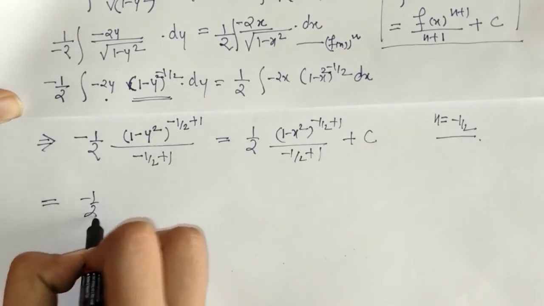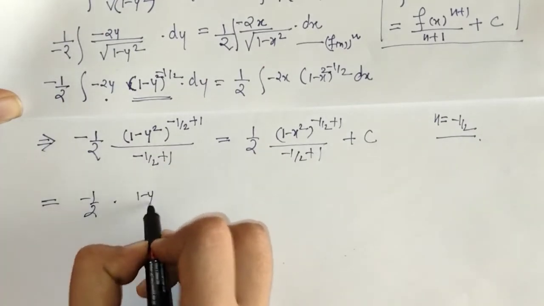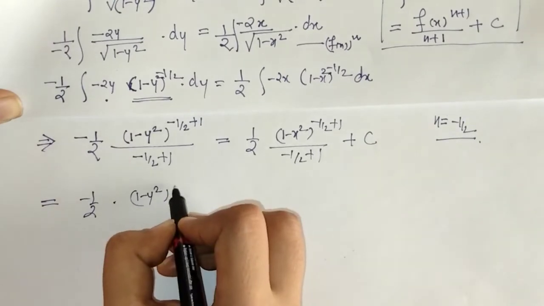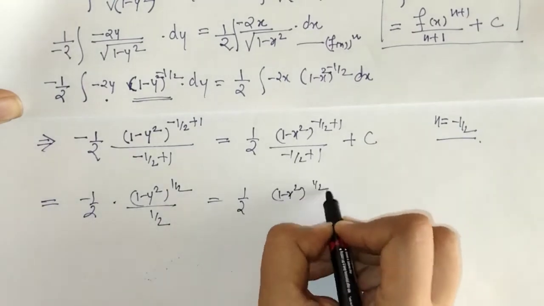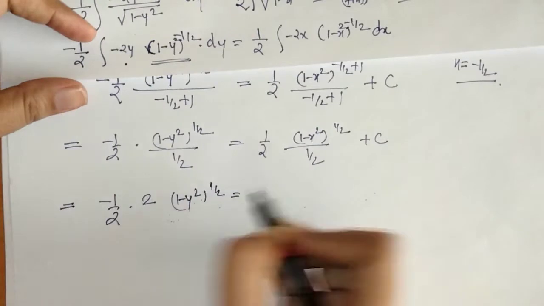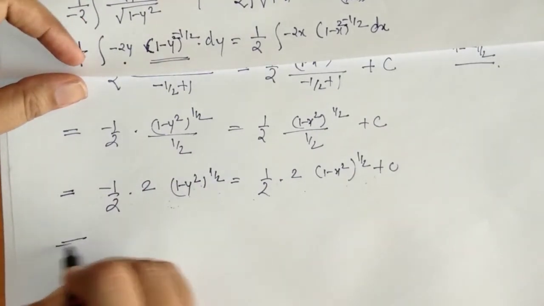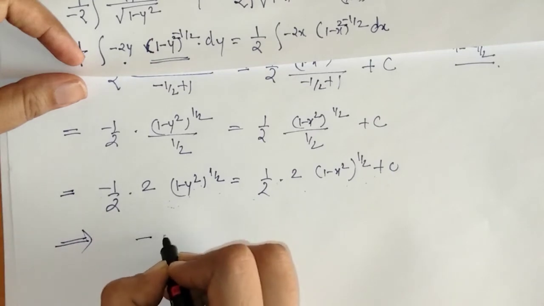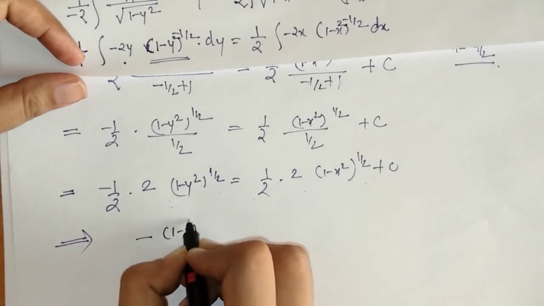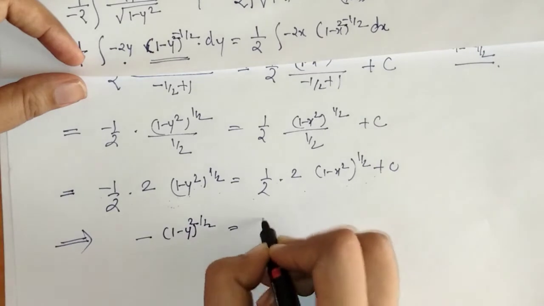Yes, now we have to simplify this here. Yes, we can cancel out all this. So we will have here minus 1 minus y square.